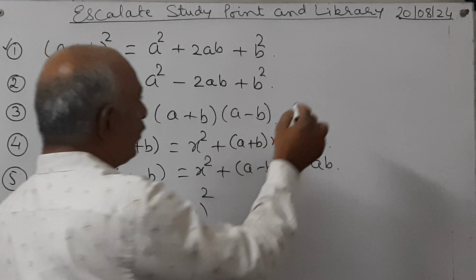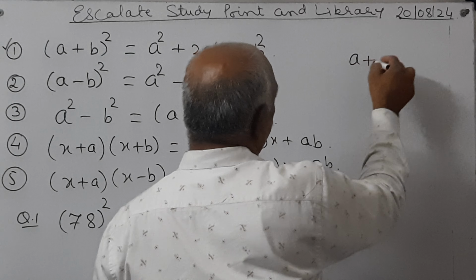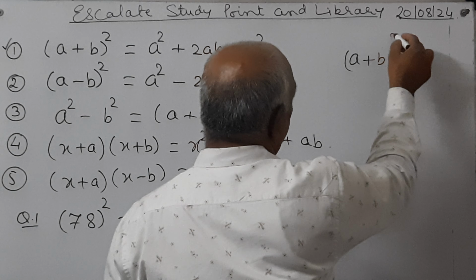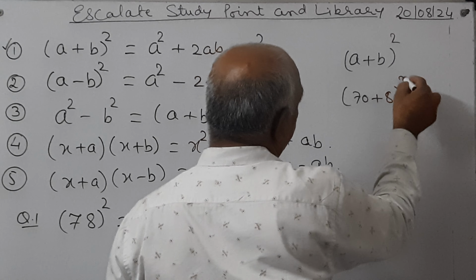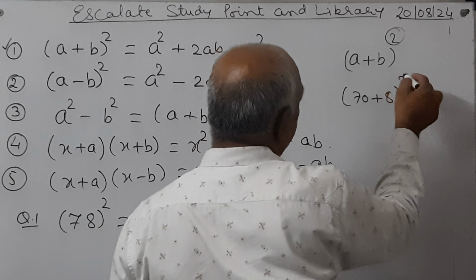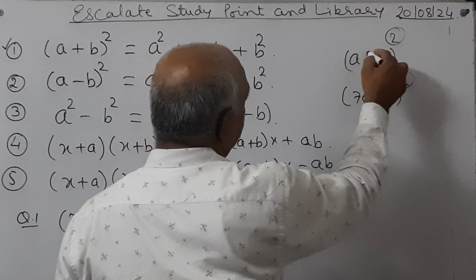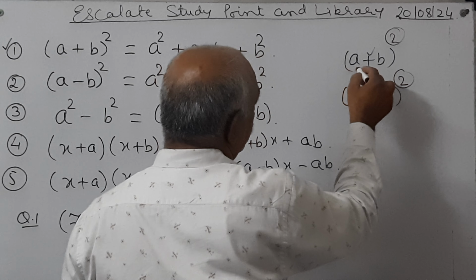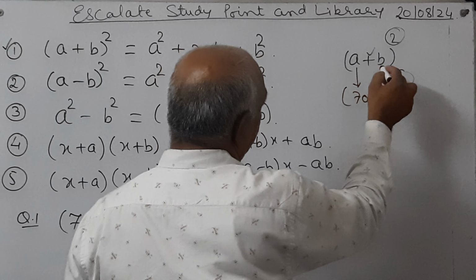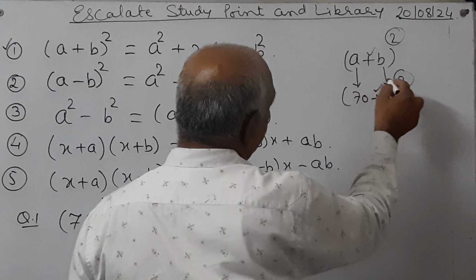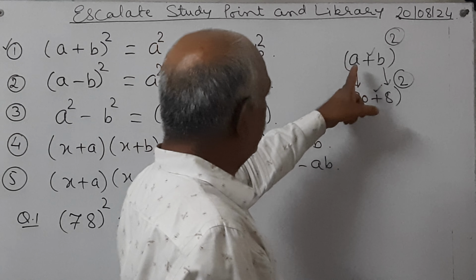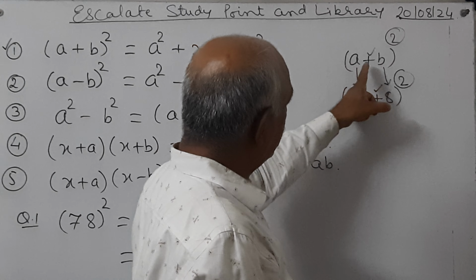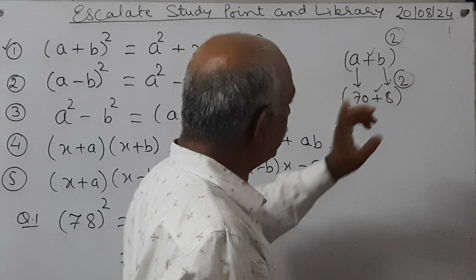Now remember very well, when we compare (a plus b) whole square exactly with (70 plus 8) whole square, we can see that square is here, plus is here. So left of the plus is a, which is 70, right of the plus is b, which is 8.